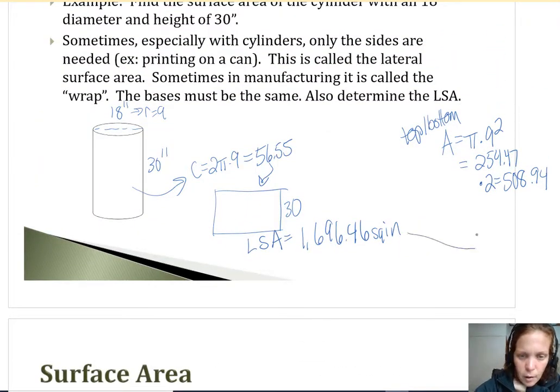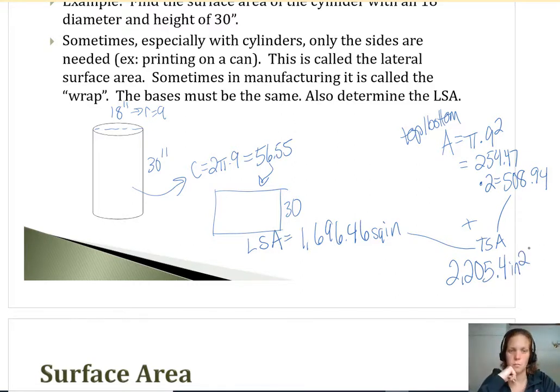Now if I combine to get my total surface area, add those together, the lateral, so the side, and then the top and the bottom: 2,205.4 square inches.